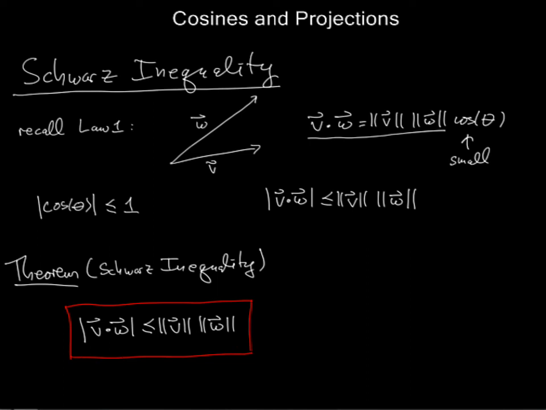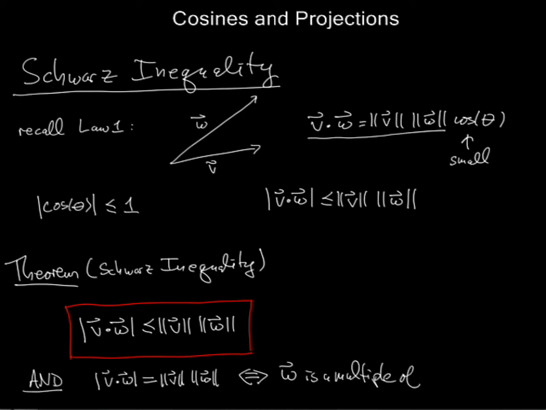This is a very, very famous inequality in mathematics, and it appears in many, many different places. There's another part of the statement, which is that the only way that these two things can be equal is if v and w are multiples of each other. They're pointing in the same direction or opposite directions.